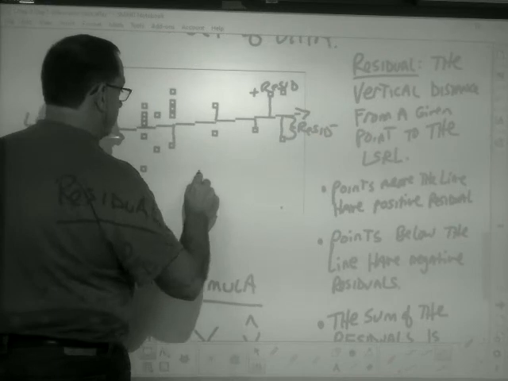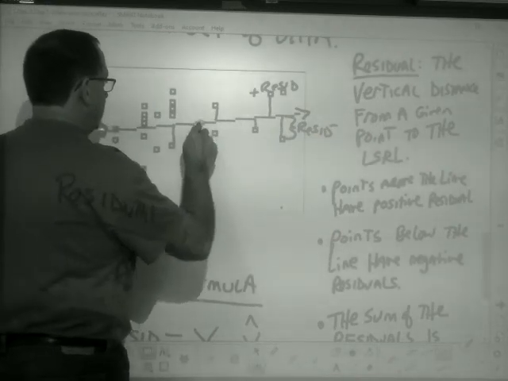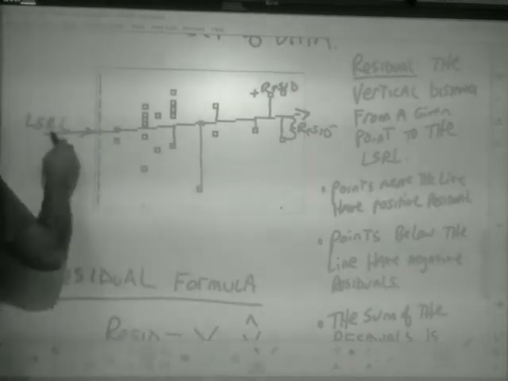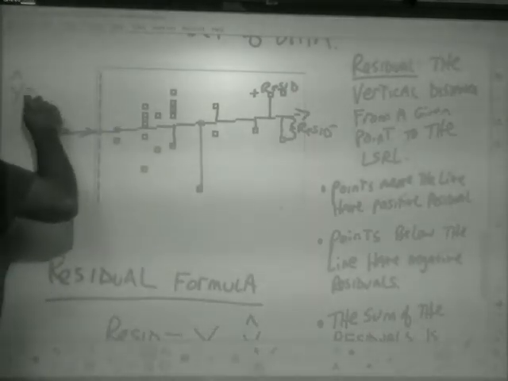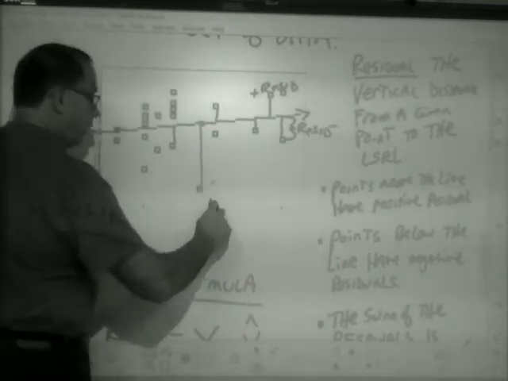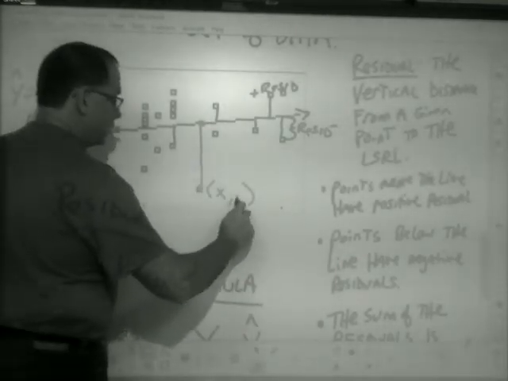If I draw a vertical line, it hits the least squares regression line right here. So this line has the formula y hat equals a plus bx. This point has coordinates x, comma y.